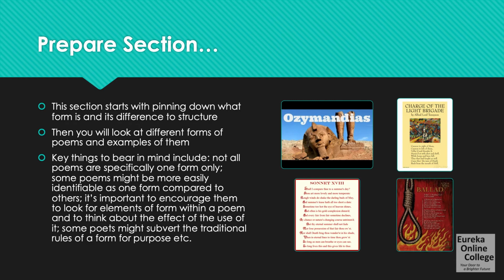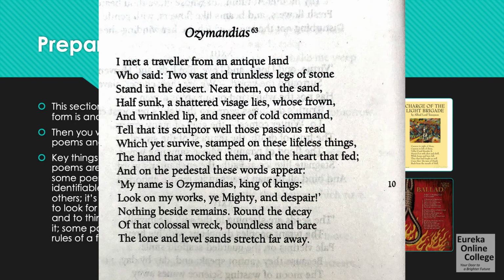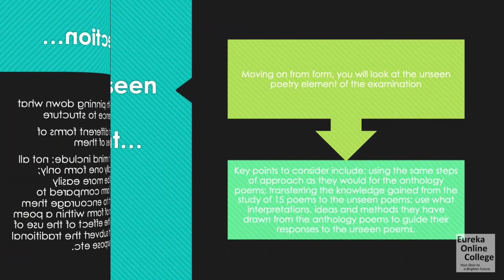Again, as with any of these forms, it's about thinking about why the poet has chosen that form. Even more interesting is sometimes looking at how that form has been subverted. For example, in Shelley's Ozymandias, there are moments where he plays with the traditional structural rules of the sonnet form in order to satirise Ozymandias further.